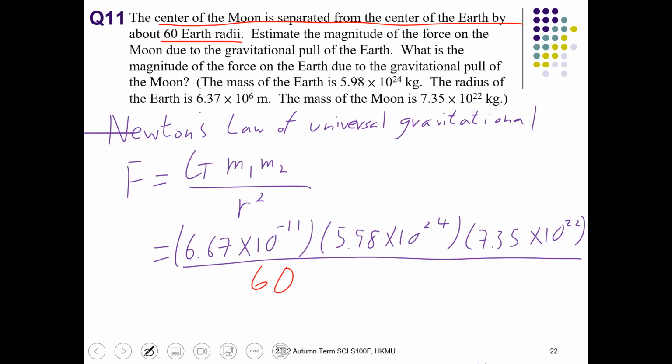So this is 60 times 6.37 times 10 to the power 6. Keep in mind to put down the square. The force is huge. This is 2 times 10 to the power 20 in Newton.